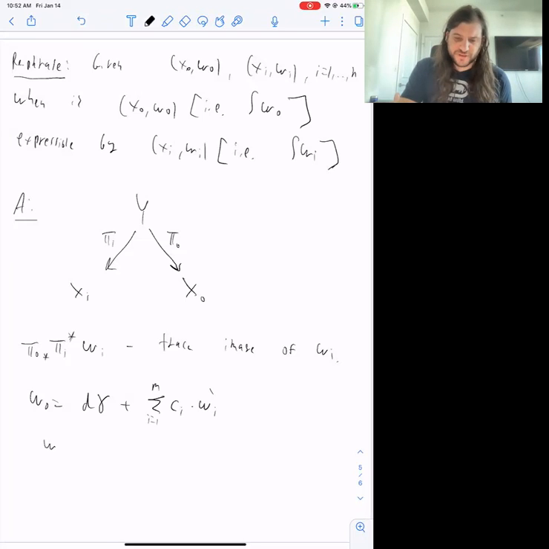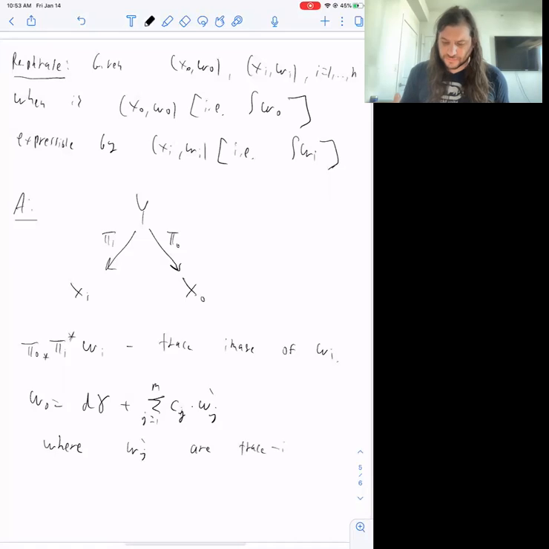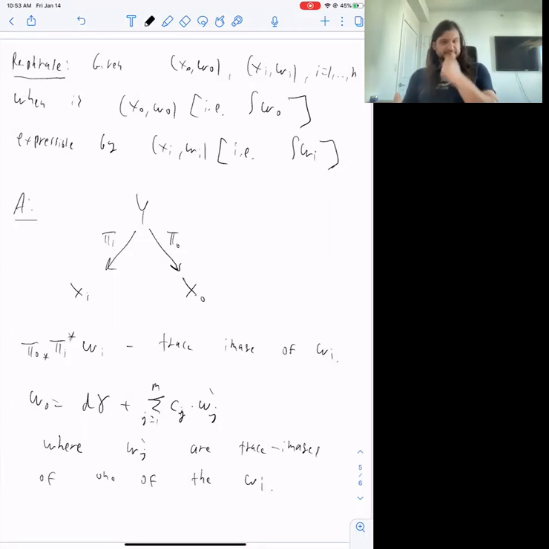Let me use j here so that it's a different index. So what are these omega j primes? The omega j primes are trace images of one of the omega i's. And that turns out to be a complete answer to the question of what's happening.